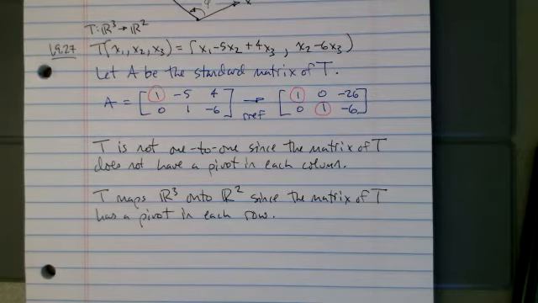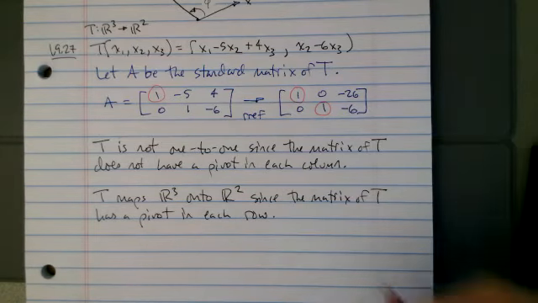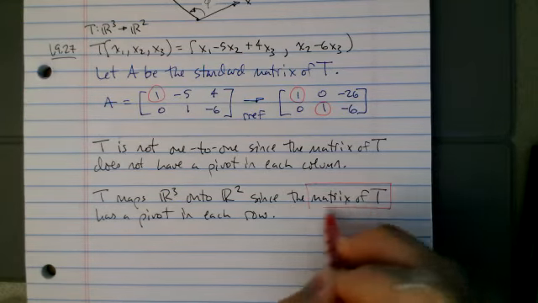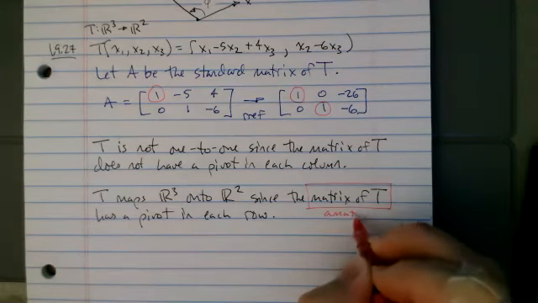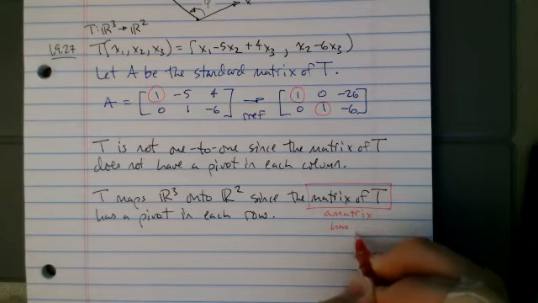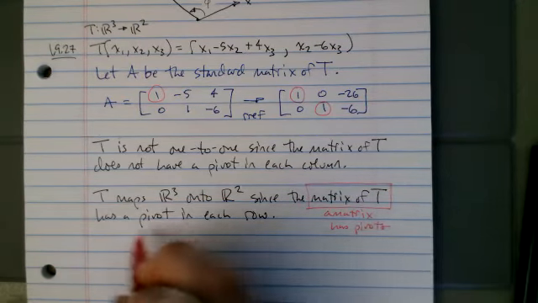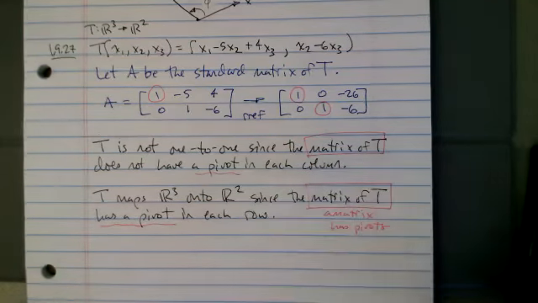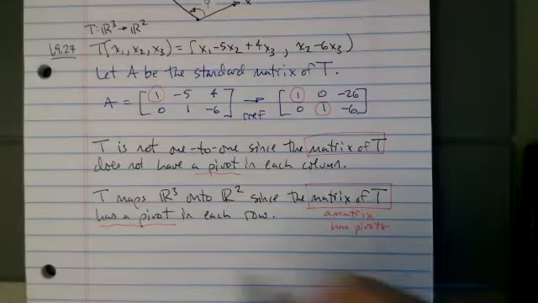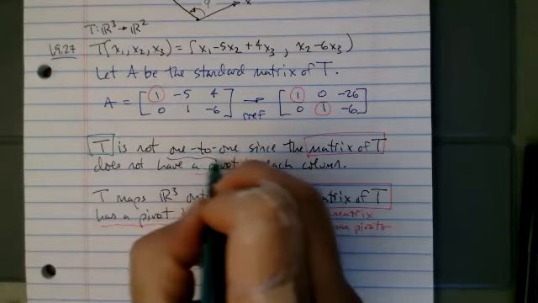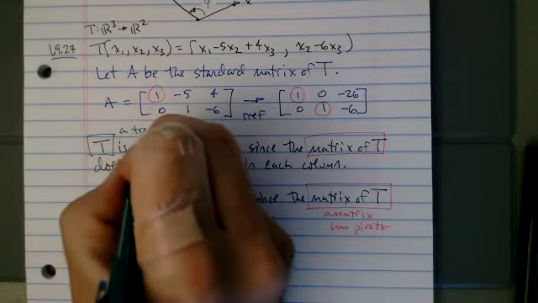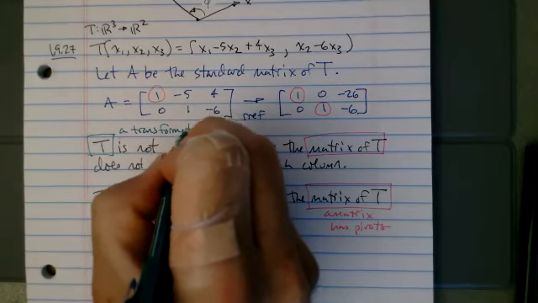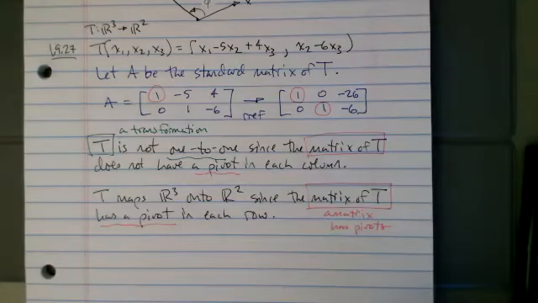Any questions? Go through pivots anytime you can, but remember, it's a matrix that has pivots. A matrix has pivots. Transformations are one-to-one or onto.